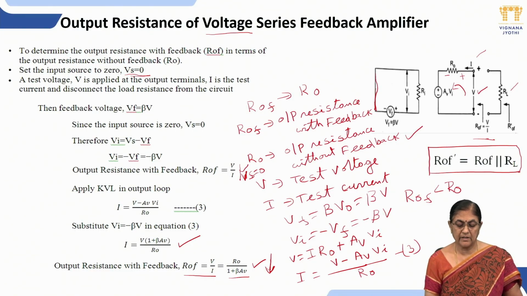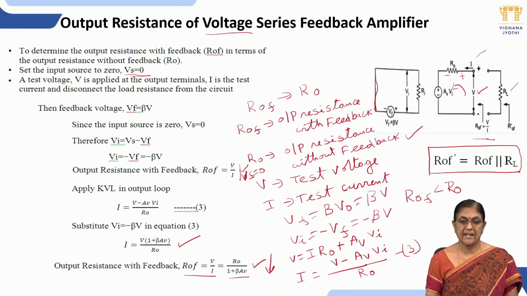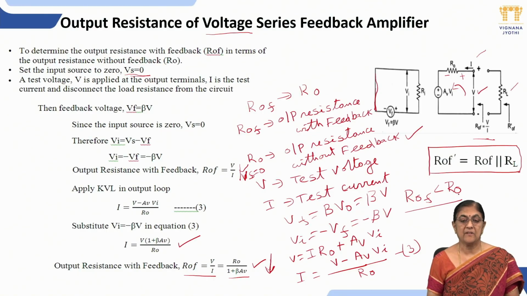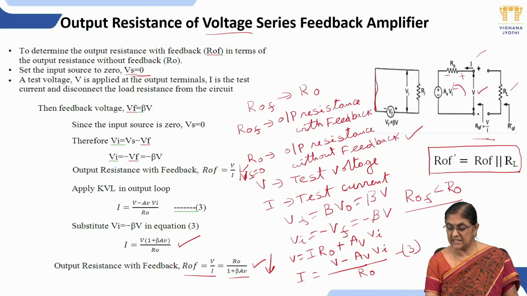I think we have clearly understood that the output resistance excluding RL is R naught F, that is R naught by 1 plus beta AV. R naught F is less than R naught by the factor of desensitivity. Desensitivity is 1 plus beta AV, and the output resistance including load resistance is R naught F dash, that is equal to R naught F in parallel with RL.